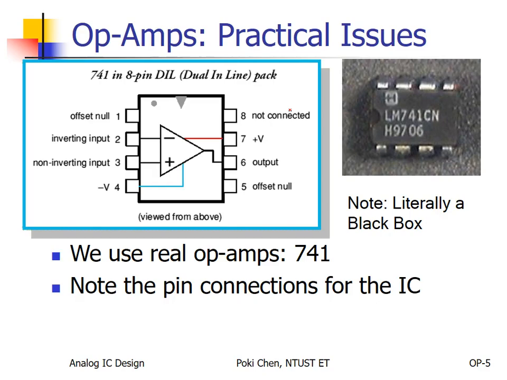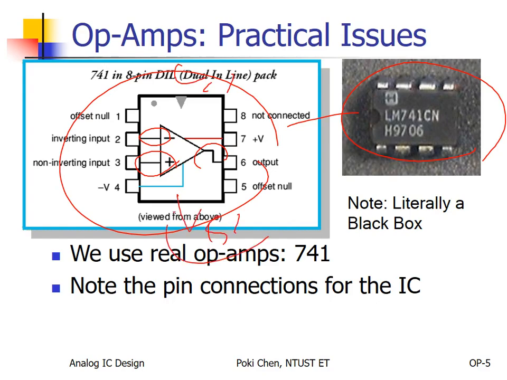And this is a practical view for you. The real chip looks like this, and this is the pin assignment. You can see the major pins: inverting input, non-inverting input and output. But as a circuit, it needs a power supply, so it needs VDD and ground, or VDD and VSS, whatever.